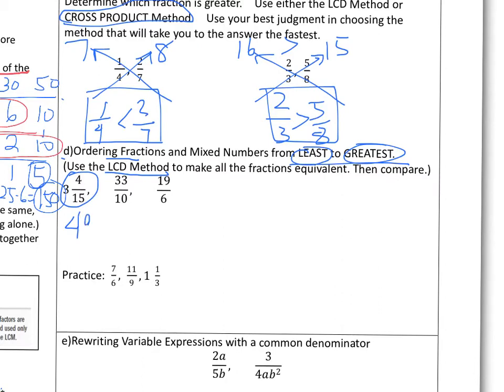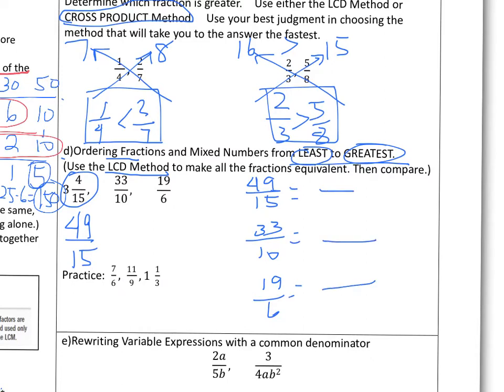So that will be 49 over 15. Okay, and let's write our fractions vertically. 19 over 6. Okay. I see that 15, 10, and 6 share a common multiple of 30.